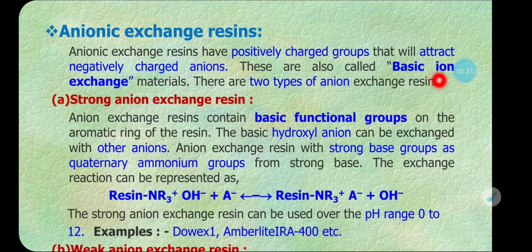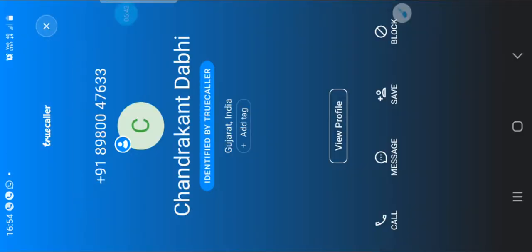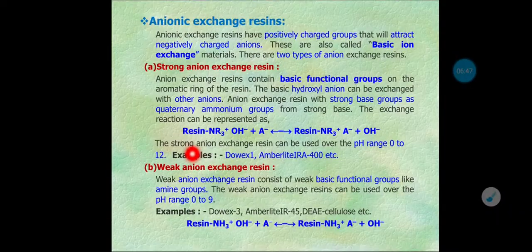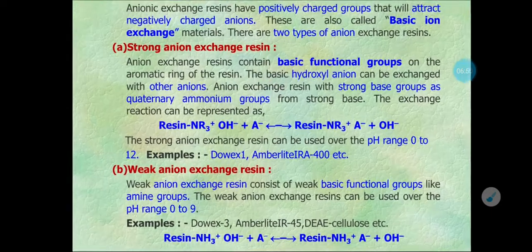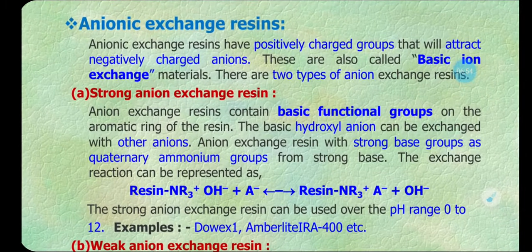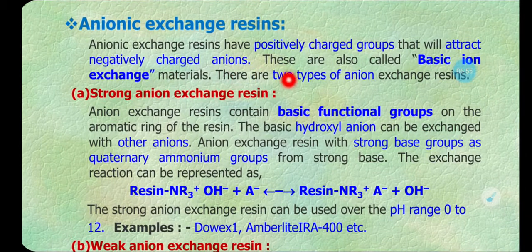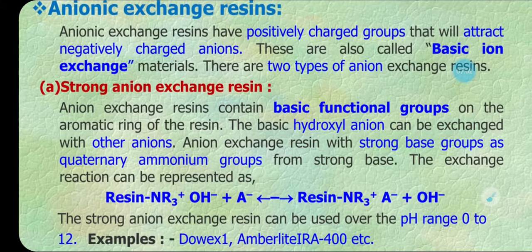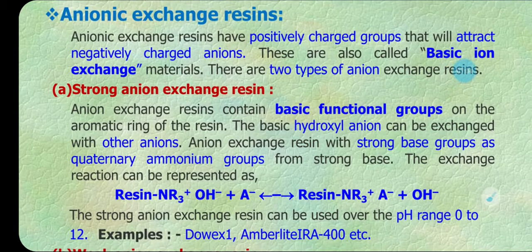These are also called basic ion exchanger material. There are two types of anion exchange resins, similar to cation exchange resin, that is strong anion exchange resin.